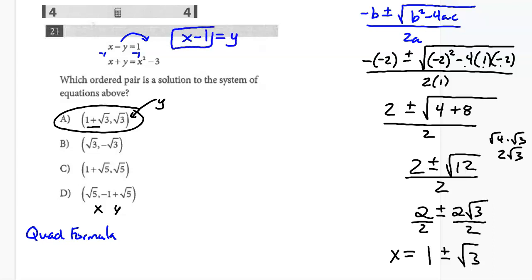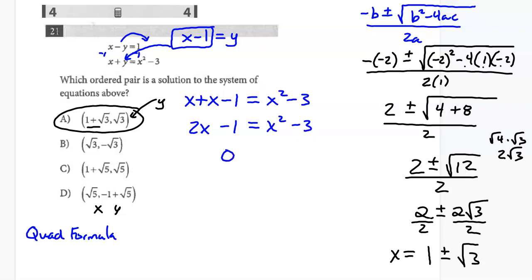Then you could substitute that in place down here in the bottom and have x plus x minus 1 equals x squared minus 3. It's the same exact thing that we ended up with in elimination. When you set it equal to 0, you minus the 2x from both sides and add this 1 to both sides. It's just another way to get to where I did with elimination. So I thought I'd show that.